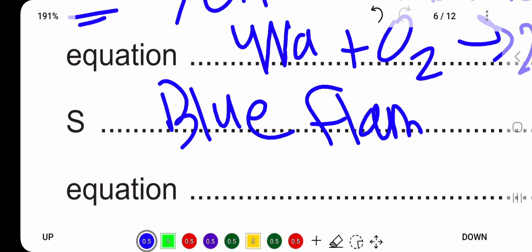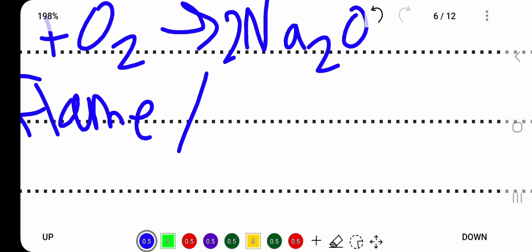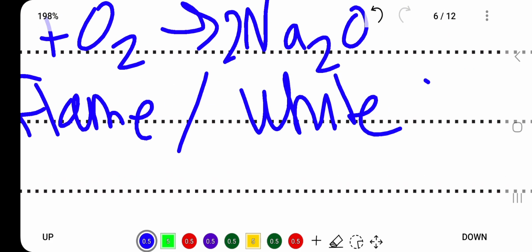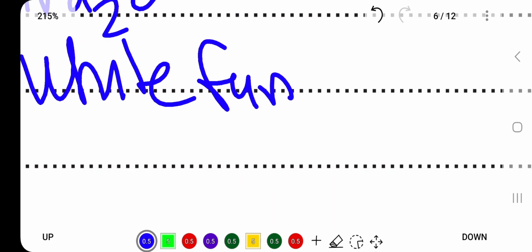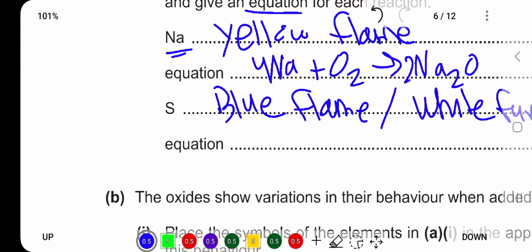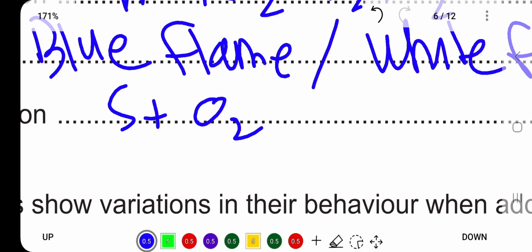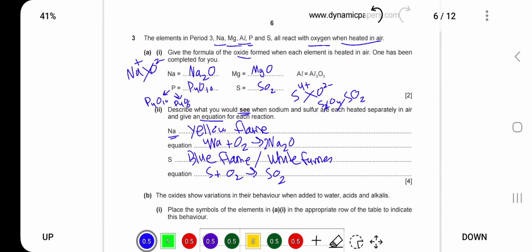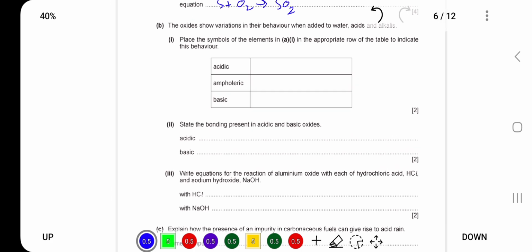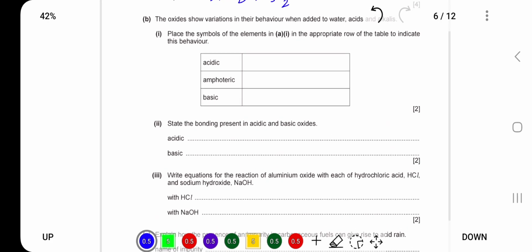You can either write blue flame or white fumes as SO2 is formed. Anyways, equation: S plus O2 to give you SO2. Hopefully it's understood.